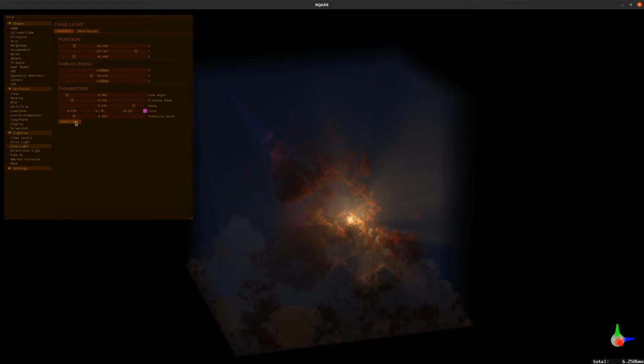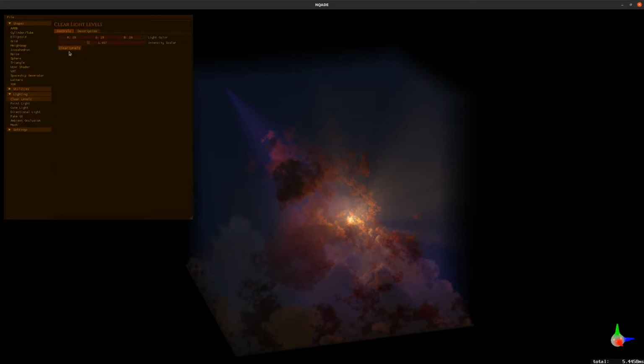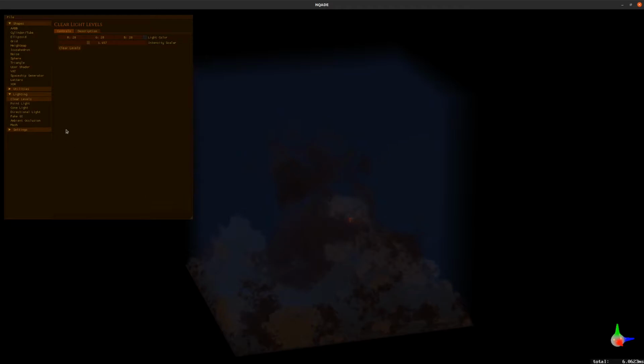No. So, okay, you see how it shines all the way through everything? That's because the decay factor is set too low. Anyway, so if I clear the light levels back again, and the accumulator keeps, I need to work that out.